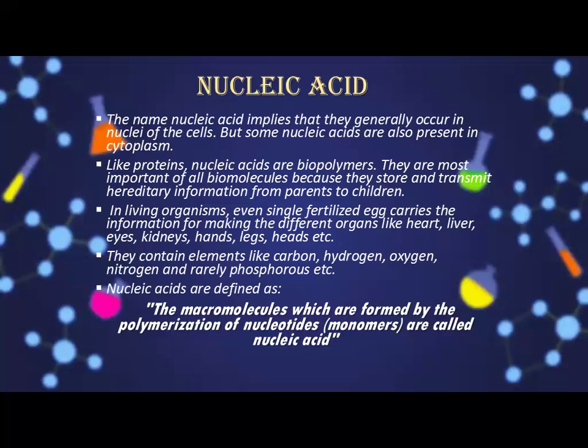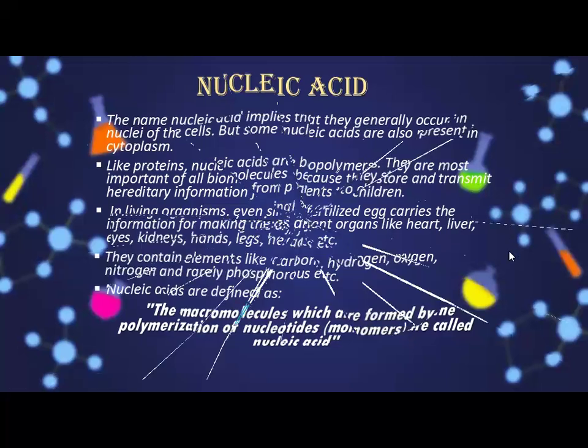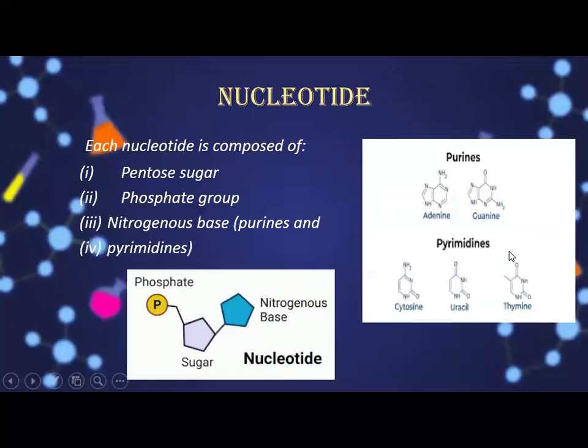Now first of all, we have to learn what a nucleotide basically is. A nucleotide is the basic single unit of a nucleic acid, and each nucleotide is composed of three parts. Number one, pentose sugar. Number two, phosphate group. And number three, nitrogenous bases, which are of two types, purines and pyrimidines.